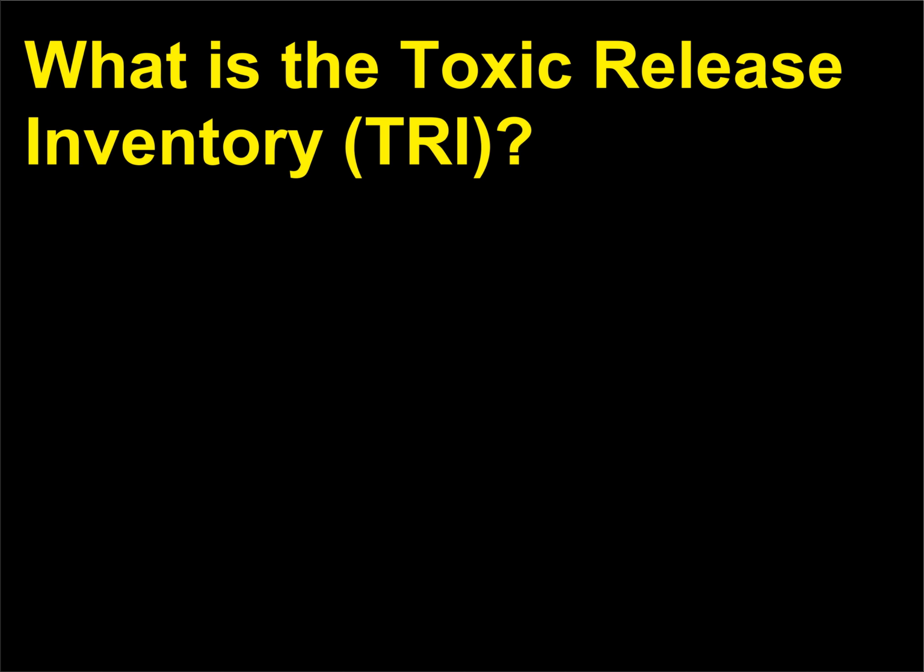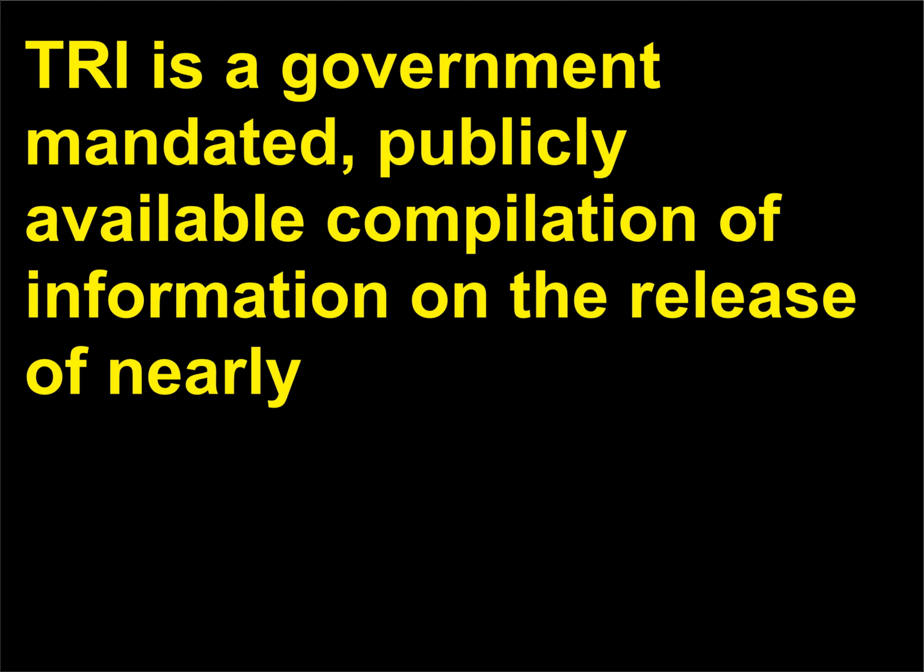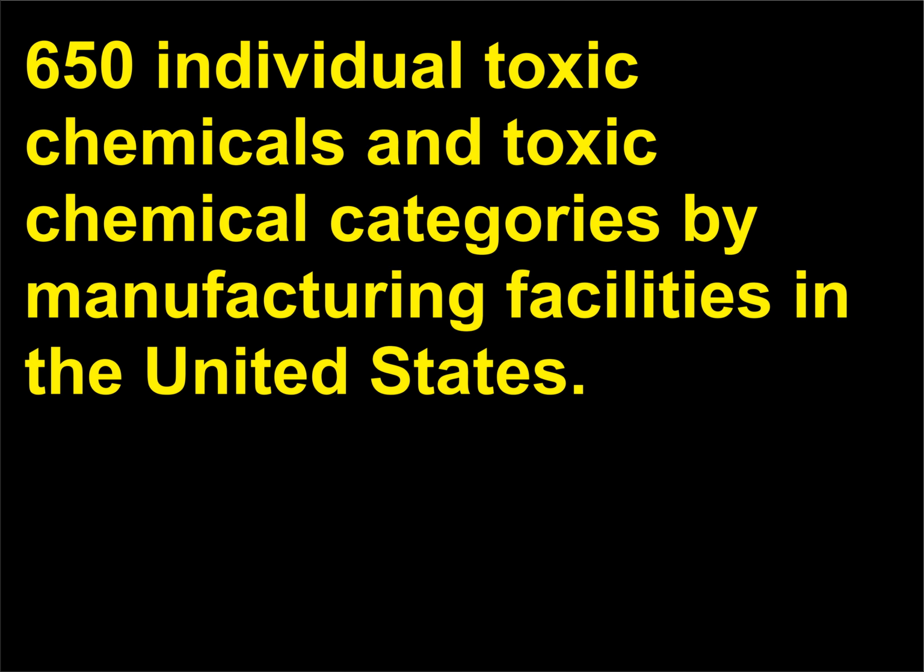What is the toxic release inventory, TRI? TRI is a government-mandated, publicly available compilation of information on the release of nearly 650 individual toxic chemicals and toxic chemical categories by manufacturing facilities in the United States.